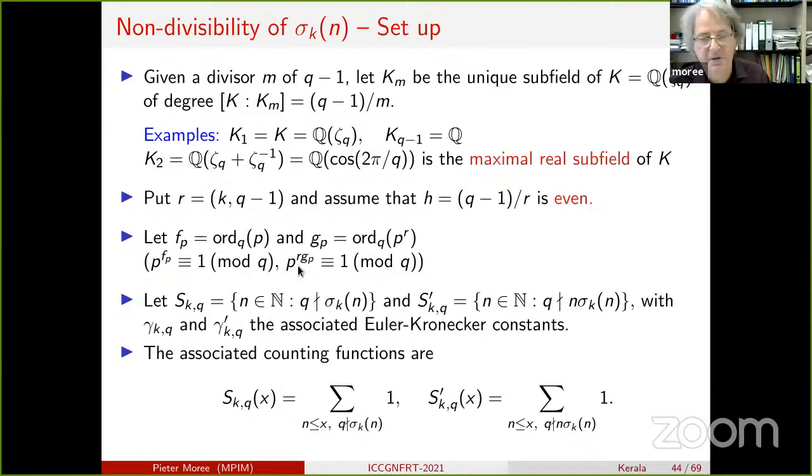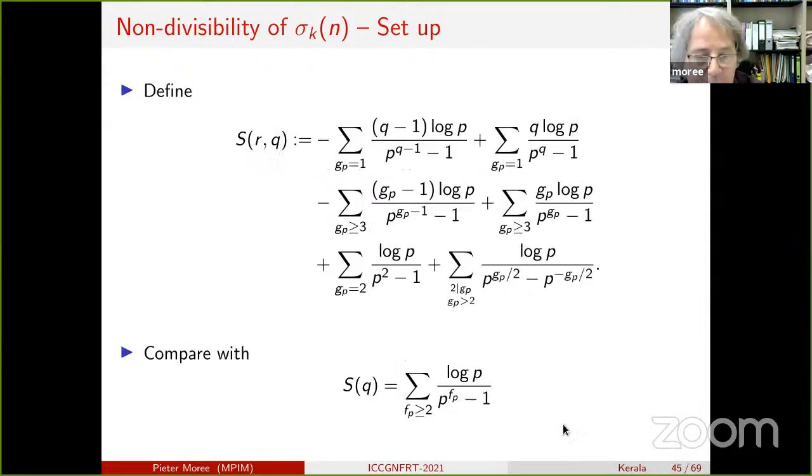And then we're interested in the multiplicative order g_p of this number p to the power r. And so these are the two sets that we're interested in. We want to look at the non-divisibility. So these are the two main players. We want to estimate those two things. And yeah, there is some horrible looking sum involved.